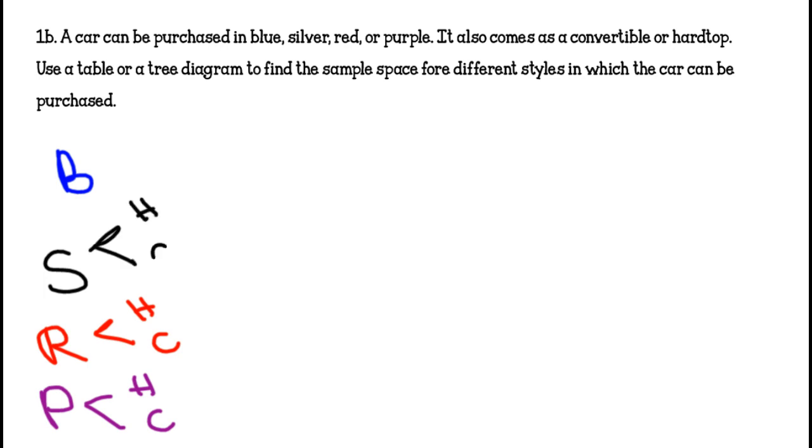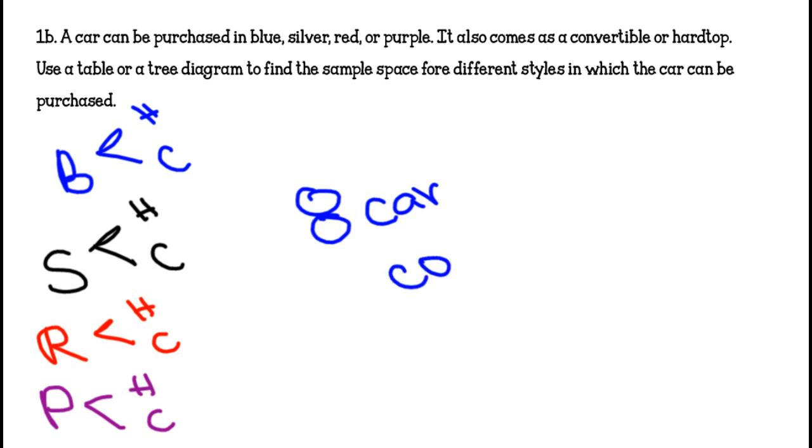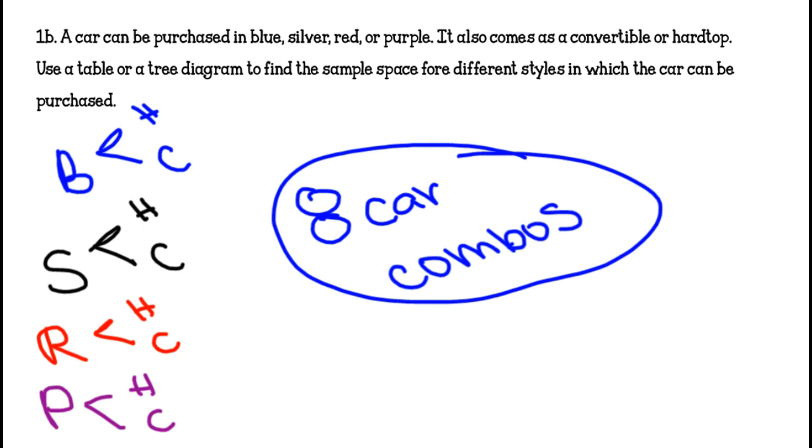Hardtop with silver or convertible. And hardtop with blue or convertible. So you could have the blue hardtop, blue convertible, silver hardtop, silver convertible, red hardtop, red convertible, or purple hardtop and purple convertible, which means that there are 8 car combinations that you could get. I circle it, and that's my answer.